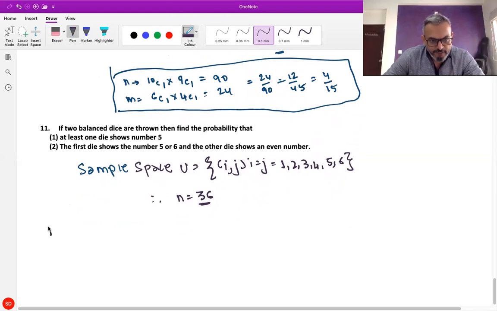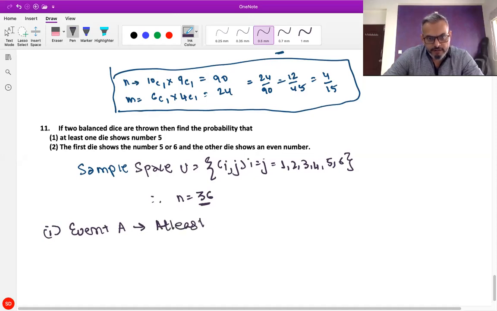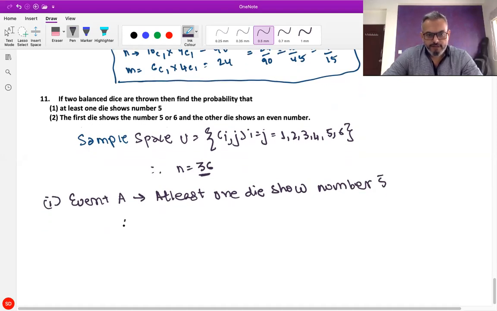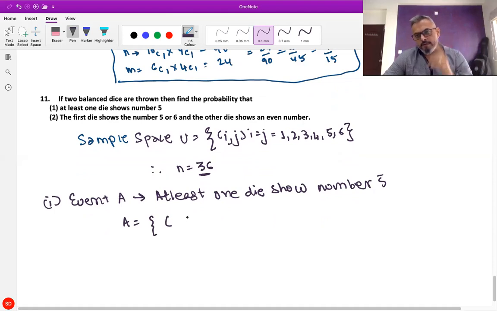Now let's take for first event A, denote that at least one die show number 5. So A is equal to, now directly we can do this. A is equal to 1 dice show number 5.